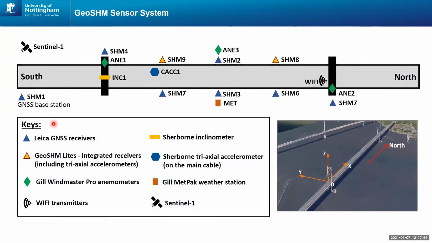This is a brief overview of the sensor system, or the latest sensor system. We've got a mix of high-spec GNSS receivers, low-priced GNSS receivers, integrated sensors where we've got both GNSS receivers and, sorry about that, I'm not quite sure what the alarm was for, and also integrated receivers containing both triaxial accelerometers and GNSS sensors.